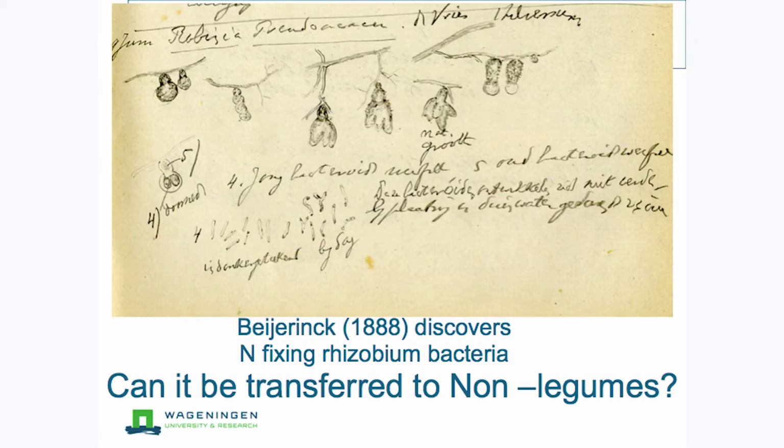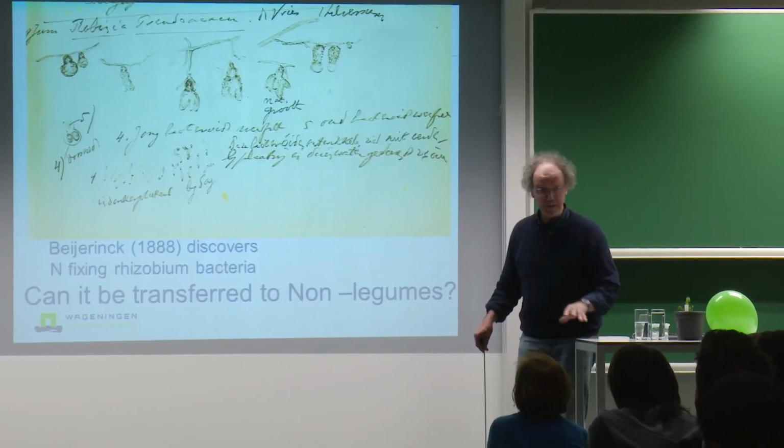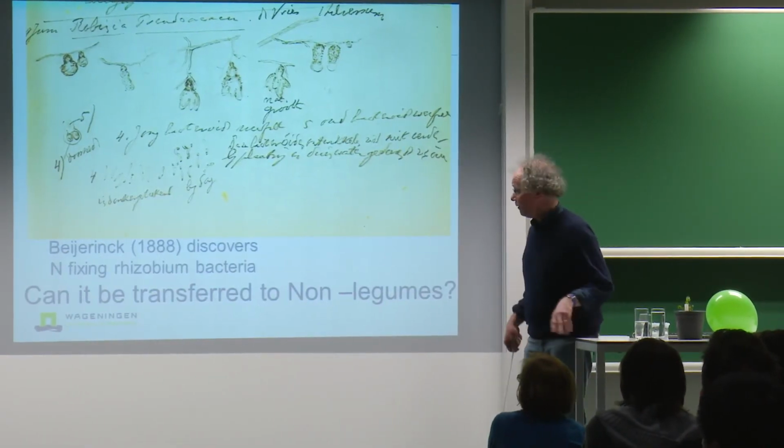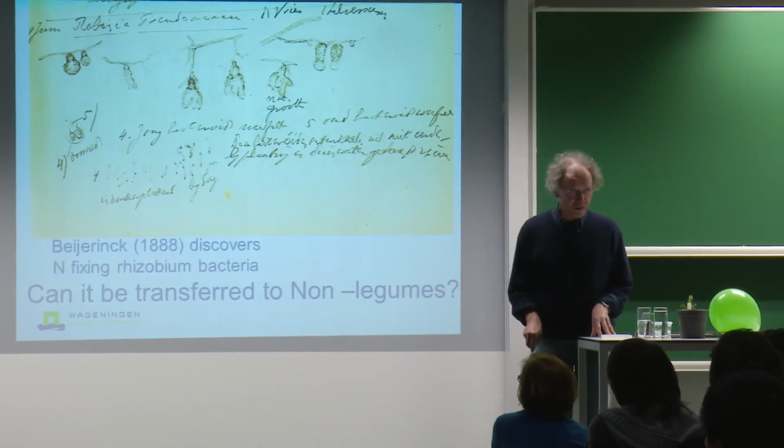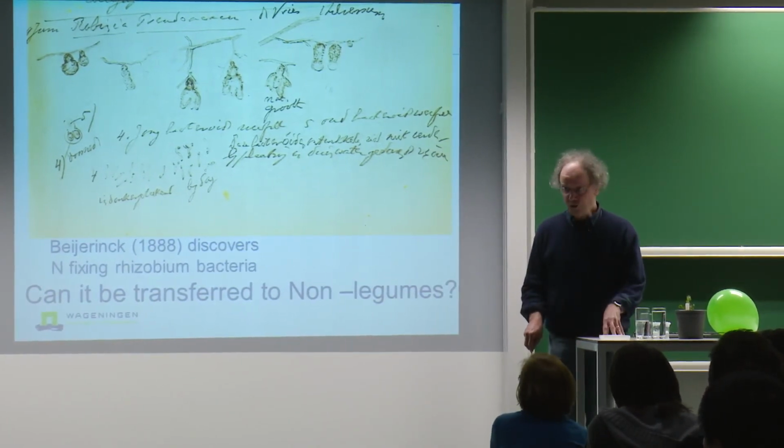He was a professor in Wageningen, but also in Delft. He is the one, more than 100 years ago, who discovered that the nodules have Rhizobia, and that the Rhizobia are responsible for the nitrogen fixation. Well, that's the moment that we know how useful they are and what they do.